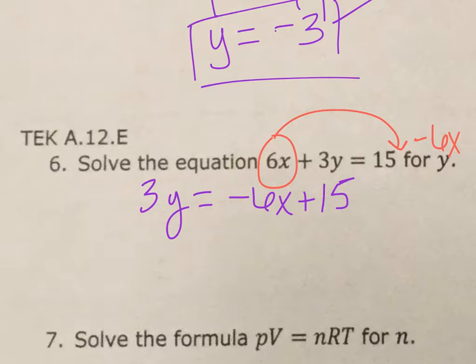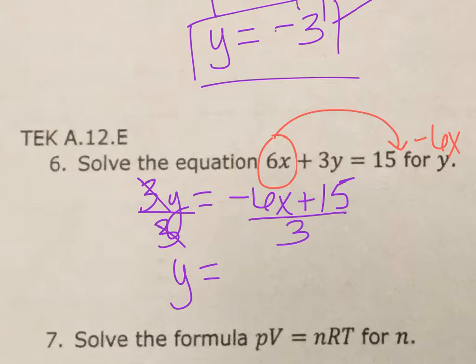Okay, so now I have to get rid of the 3 because I just need y, so I get rid of a coefficient by dividing. So that equals 1. So y equals. Now, you can leave it like this. That's fine for now. But that 3, everything gets divided by 3 because it's like a common denominator for a fraction.